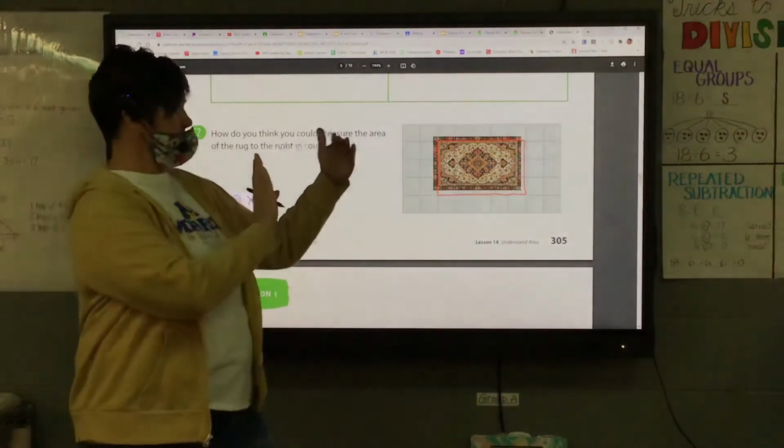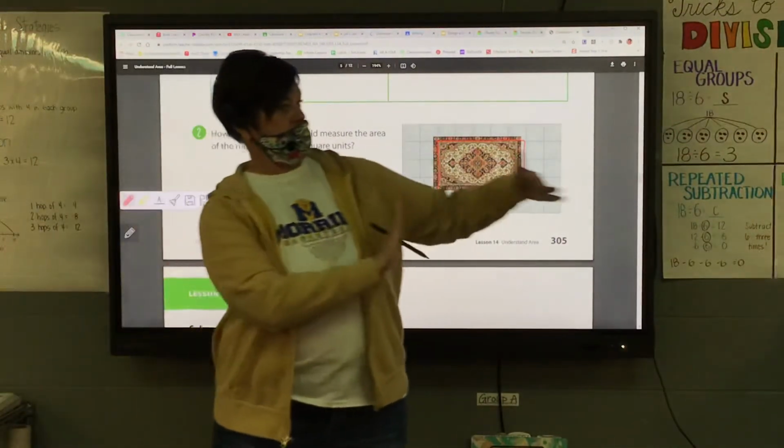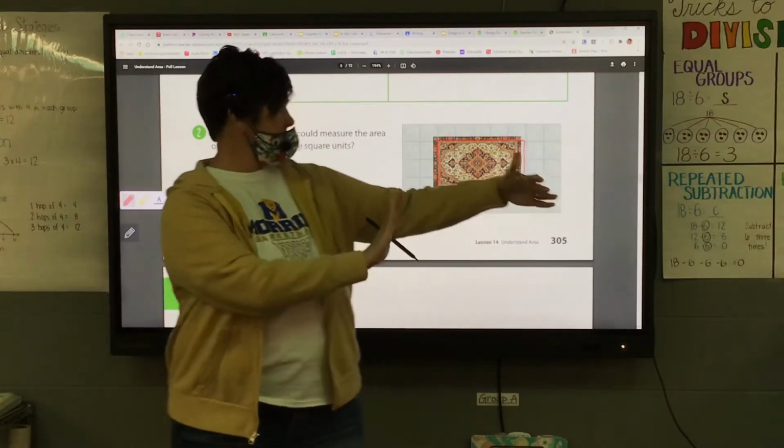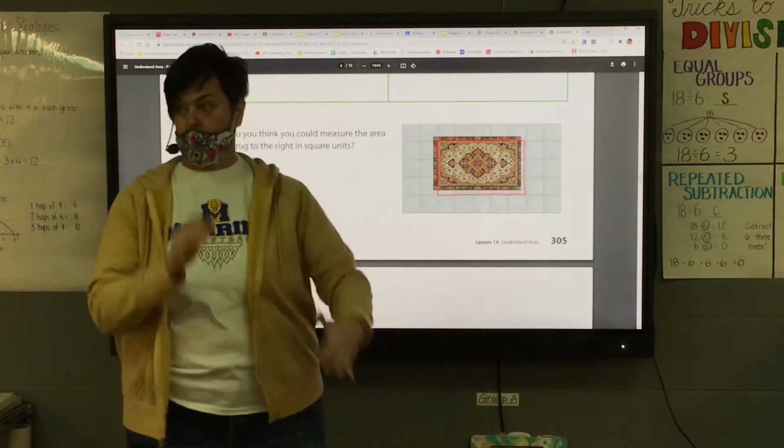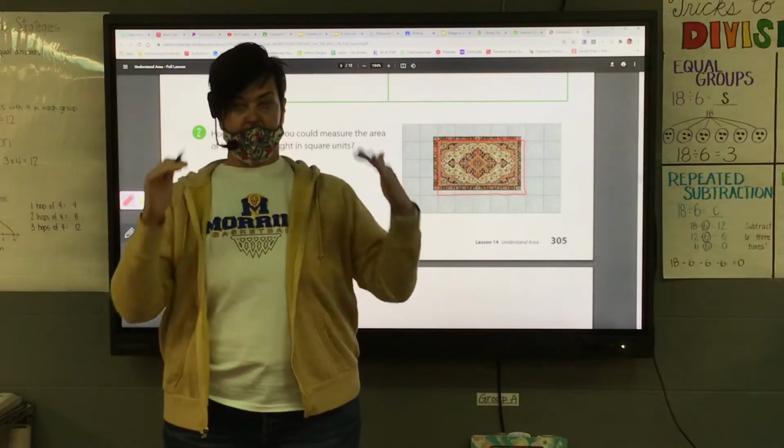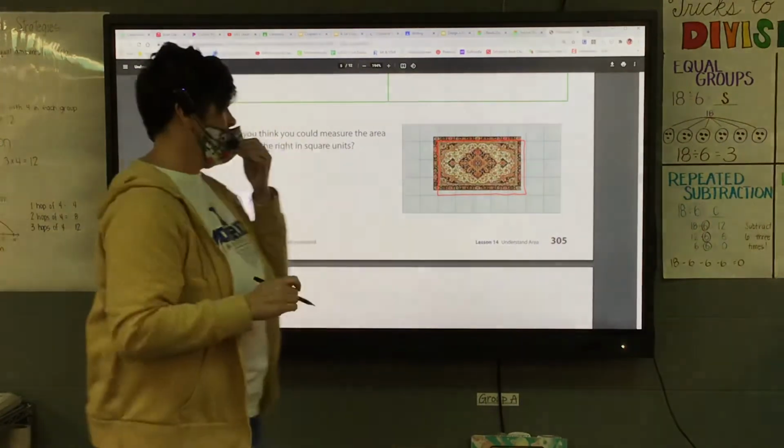So if I shift this rug to the right a little bit and down a little bit, would it line up perfectly on those tiles? It would.